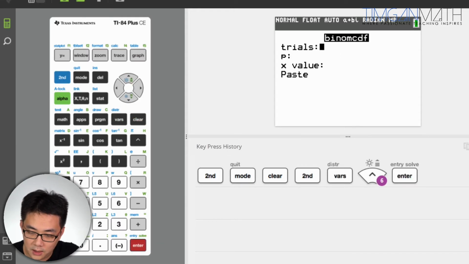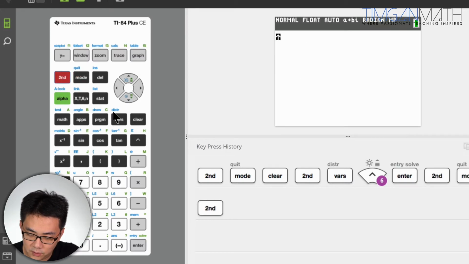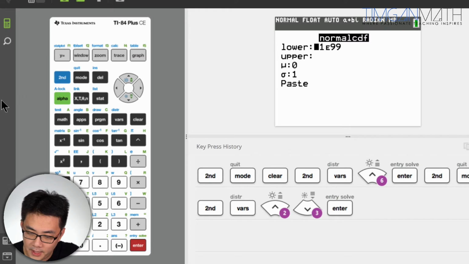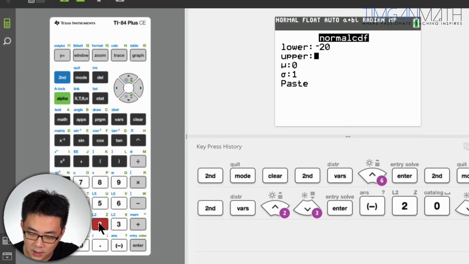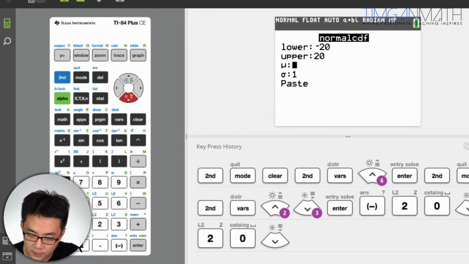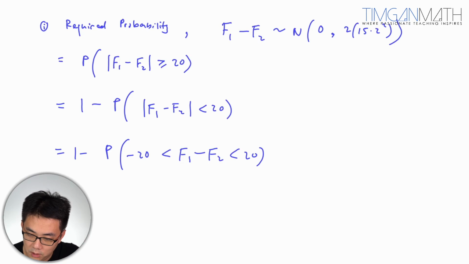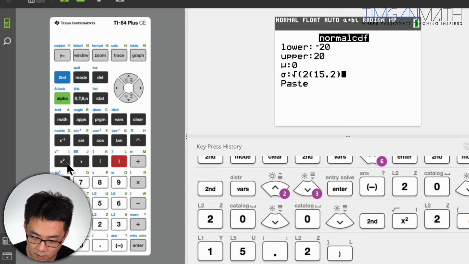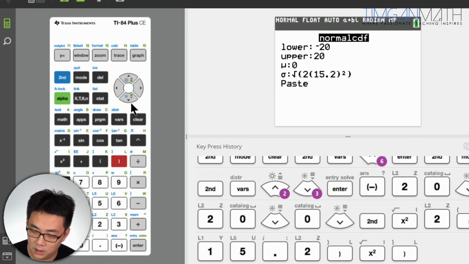Sorry, not binomial CDF, normal CDF. The lower will be negative 20, and the upper limit will be 20. The mean will be 0, and the standard deviation will be the square root of 2 times 15.2 squared. Alright, so this is it.